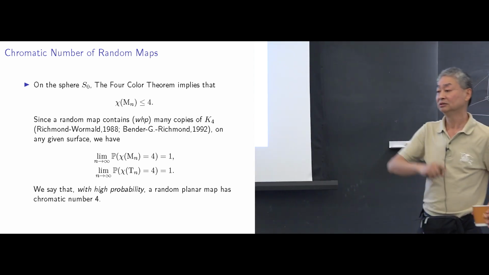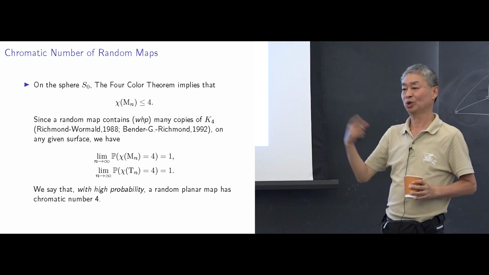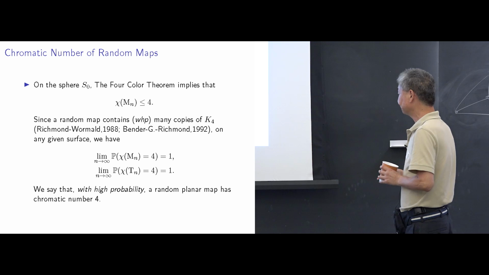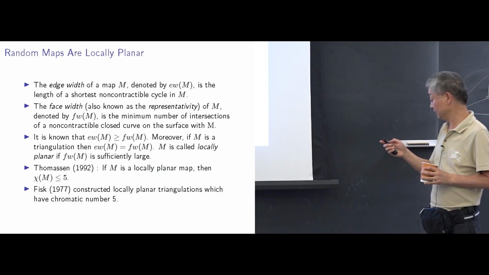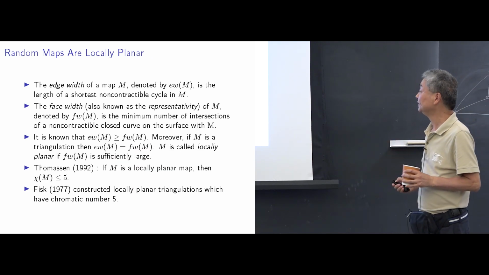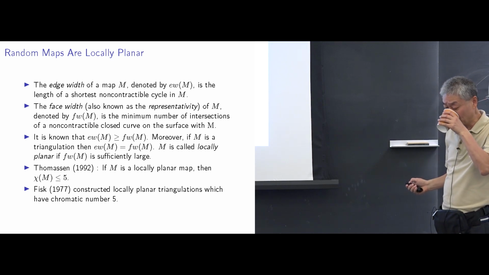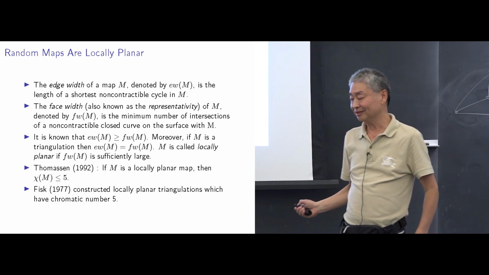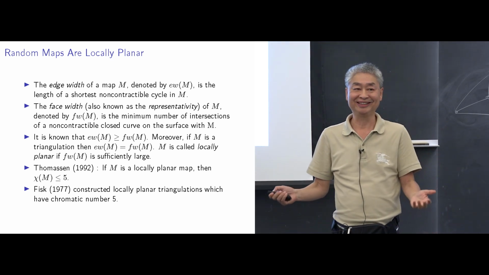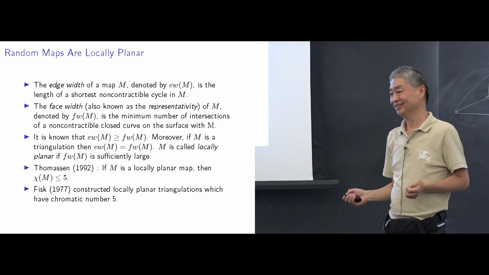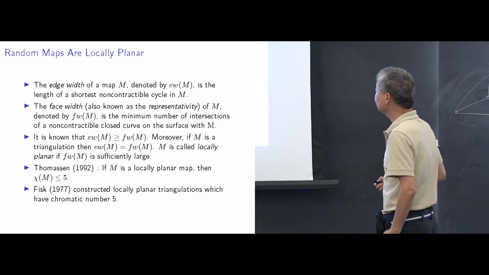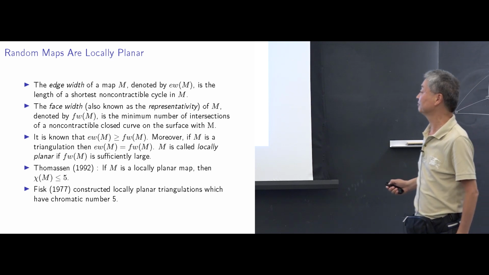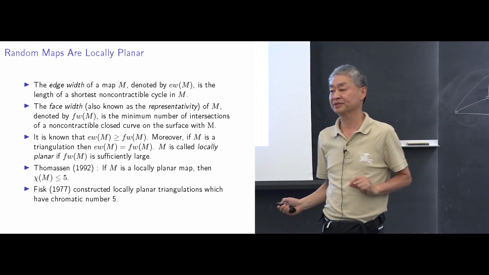But what about off the sphere, the torus, double torus, or an orientable surface of genus g? Well, in the early 1990s, actually, that was when I was still here as a postdoc, I was one of the referees for Thomason's paper about 5-colorable maps.